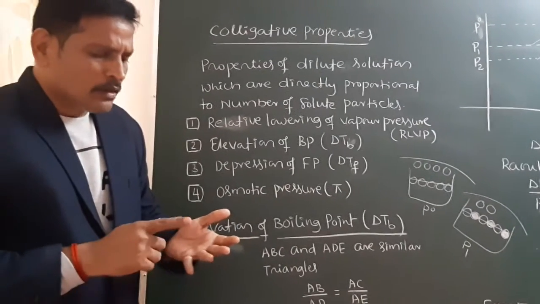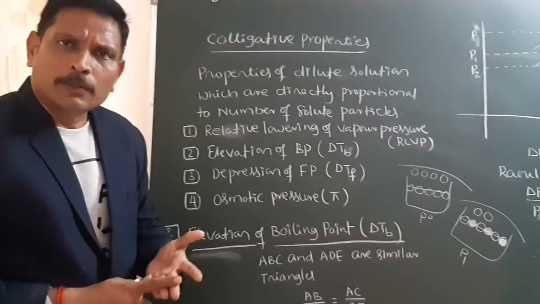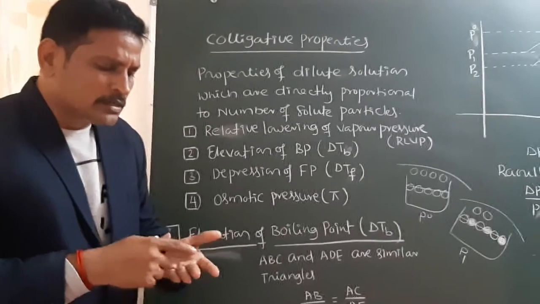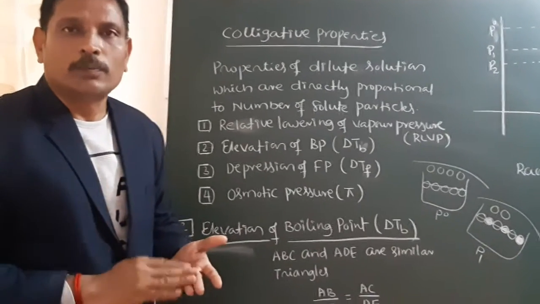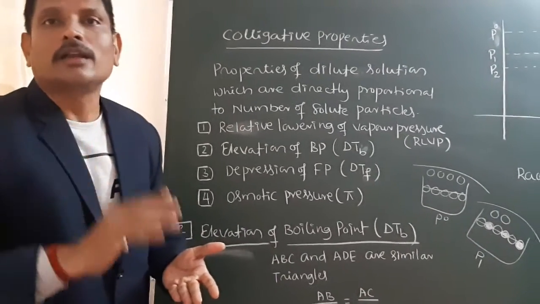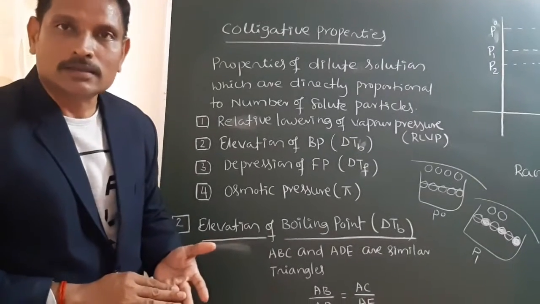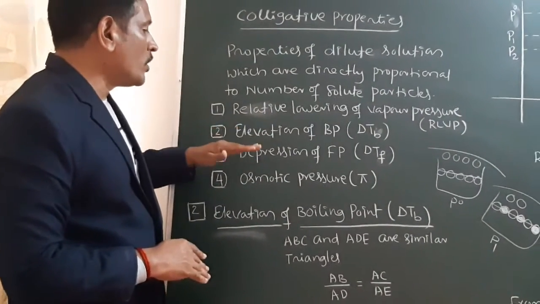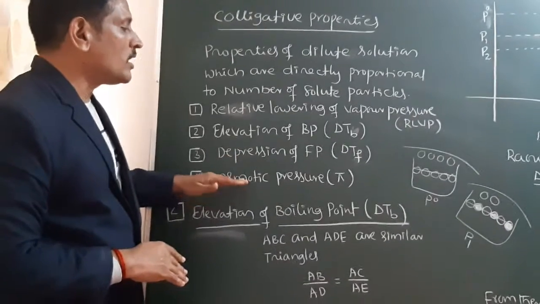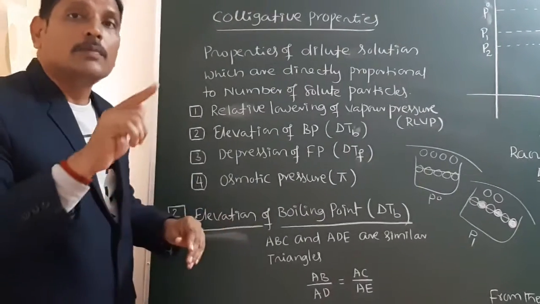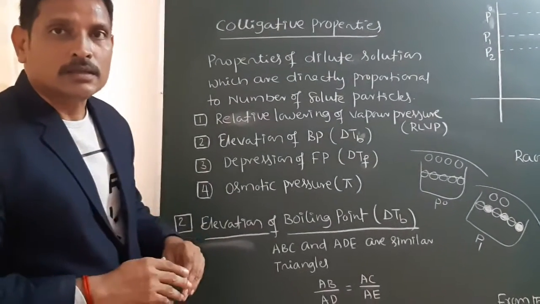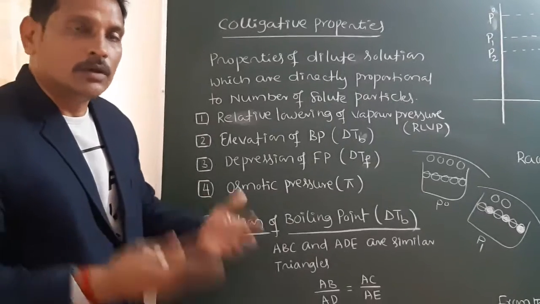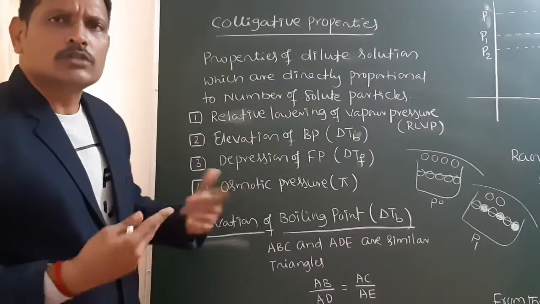Boiling point, freezing point, vapor pressure, all these properties depend upon the number of solute particles, but they are not directly proportional to the number of solute particles. That means relative lowering of vapor pressure, elevation of boiling point, depression of freezing point and osmotic pressure are directly proportional to the number of solute particles. When the number of solute particles doubles, these properties also double.